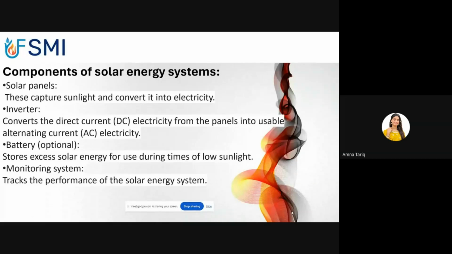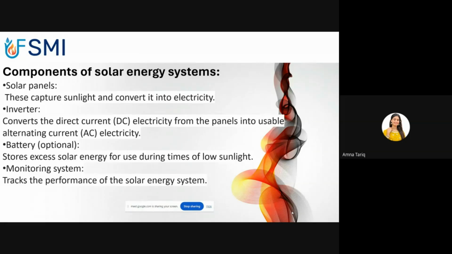The solar panel absorbs sunlight and generates electricity. The inverter converts the DC energy from the panels into AC electricity, which is the type of electricity used in our homes and businesses. The monitoring system allows you to track the performance of your solar energy system and see how much energy it is producing.